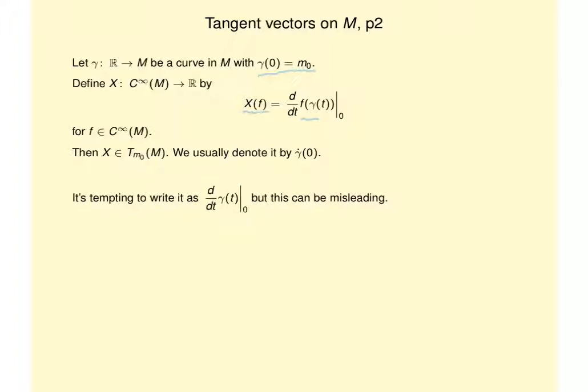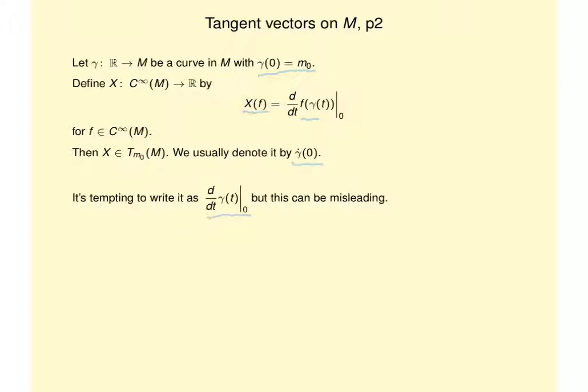So we'll usually denote it by gamma dot, Newton notation, at 0. It's tempting to denote it by d/dt of gamma(t) at 0, and some people do this, and indeed I've done it in the past.